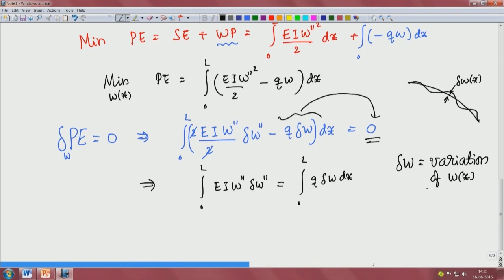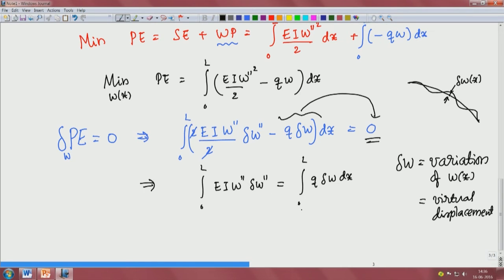But now we can also think of this as virtual displacement. W of x is the real displacement, then delta W of x is a virtual displacement.